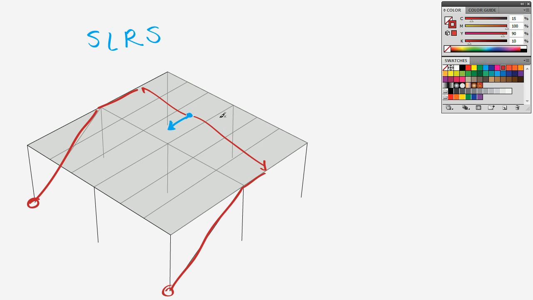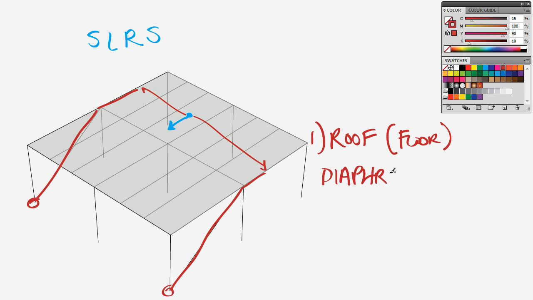So if we're making a list of the lateral force resisting elements, the first element is the roof, or the floor if we were thinking of that example. In this function the roof is acting as a diaphragm, and as a diaphragm, it carries the loads out here.